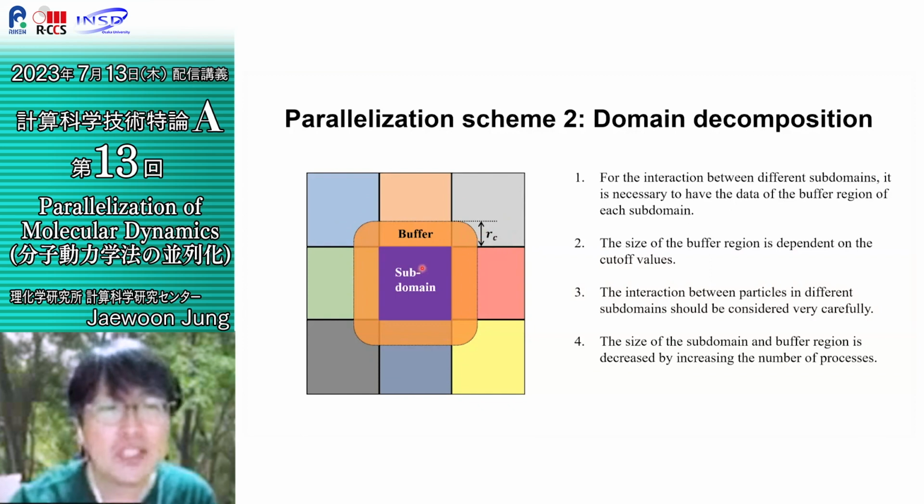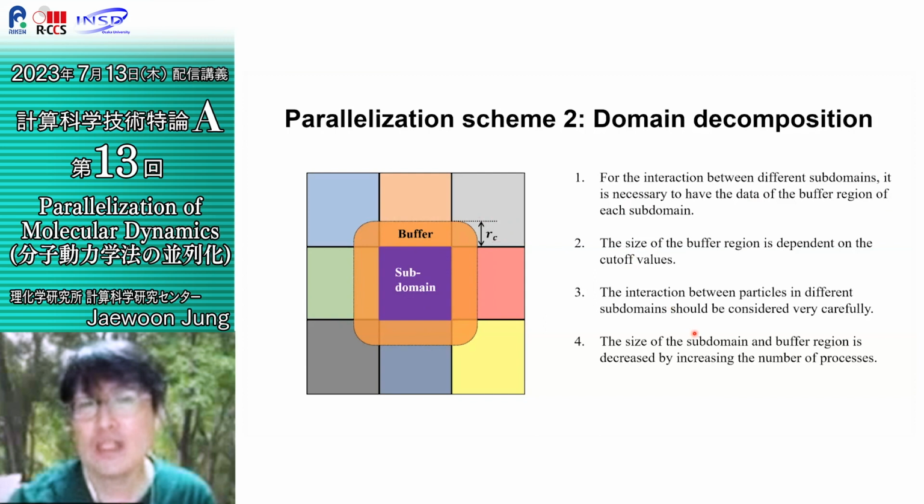If each processor has the data of this subdomain region and the additional buffer region, then they can calculate energy and force. So each processor needs to have the data of the buffer region.